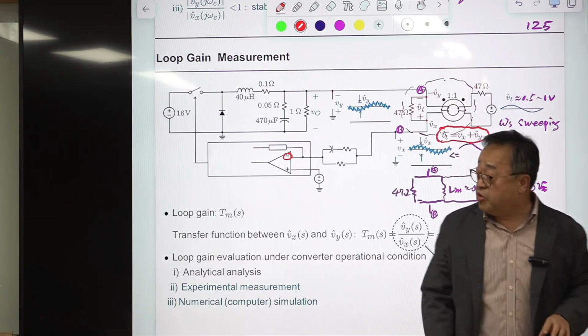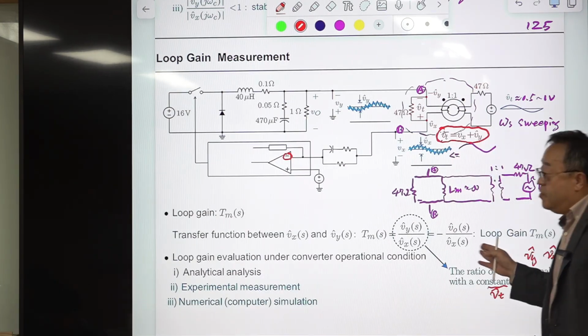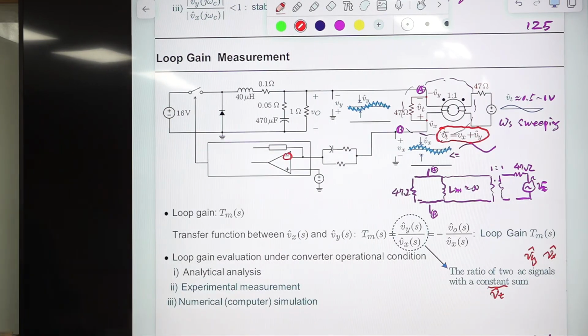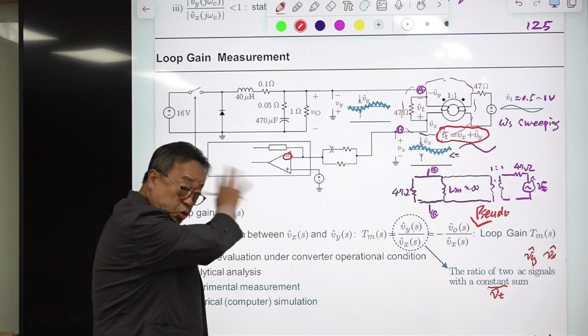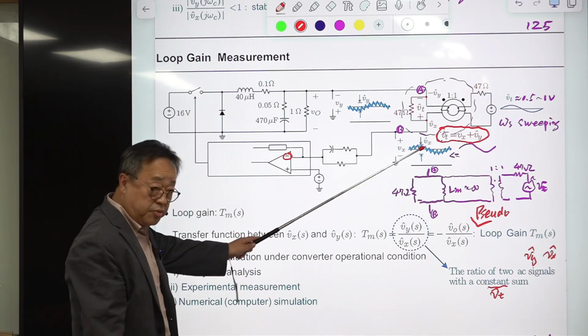This is a pseudo loop gain. They pronounce it as pseudo. I don't know why pseudo. Pseudo loop gain is very similar to the true loop gain, and this is measurable.